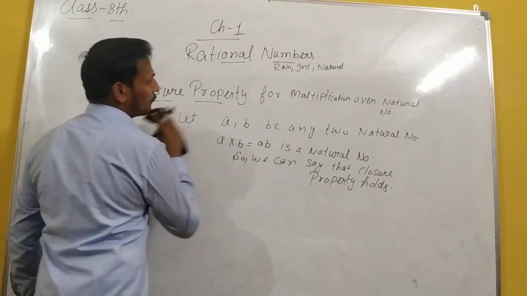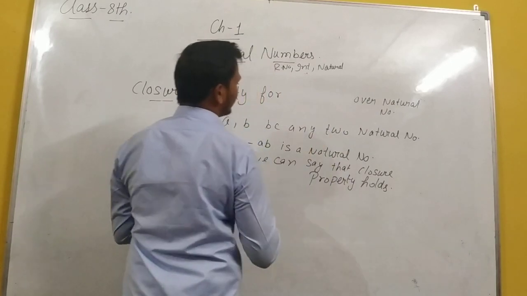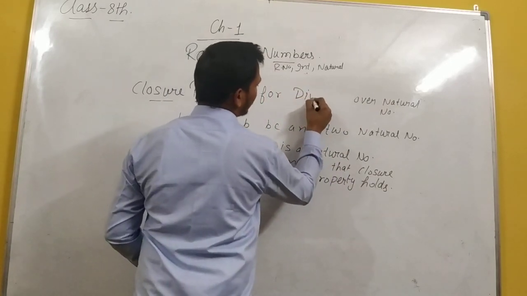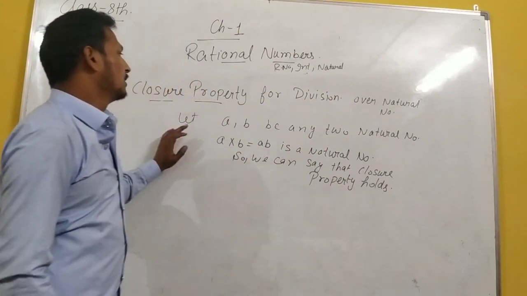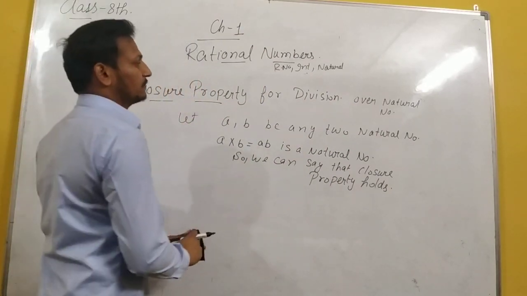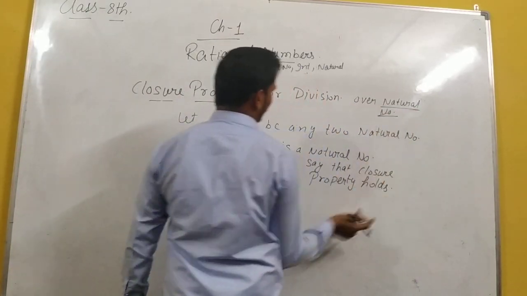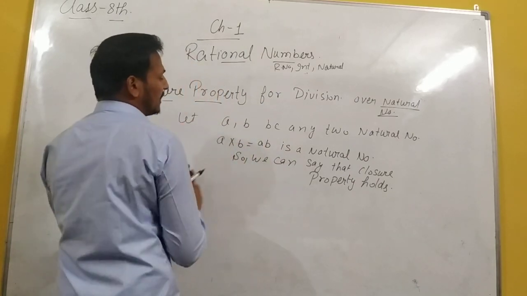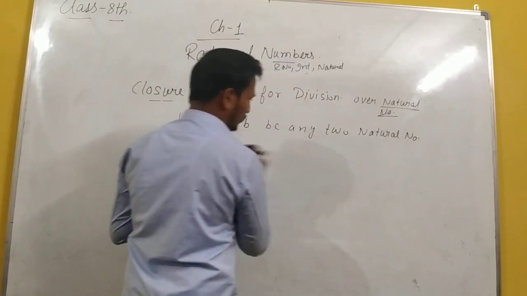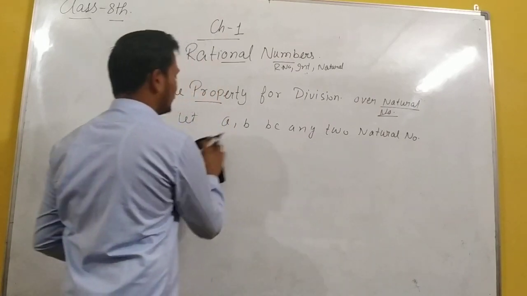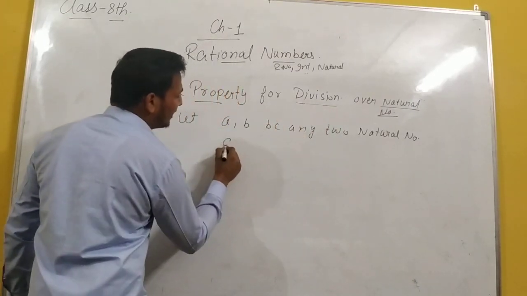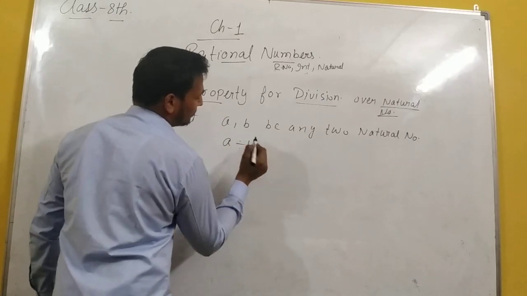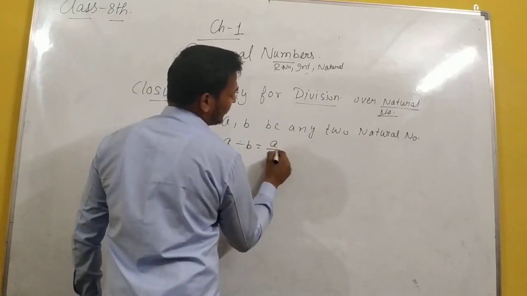Now our fourth operation, division. Closure property for division. Again natural numbers. Let a and b be any two natural numbers. Now we divide them, a divided by b, that is a/b.